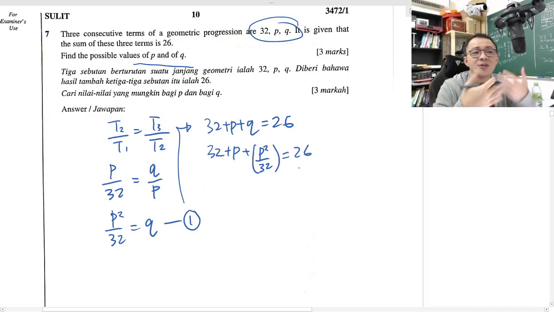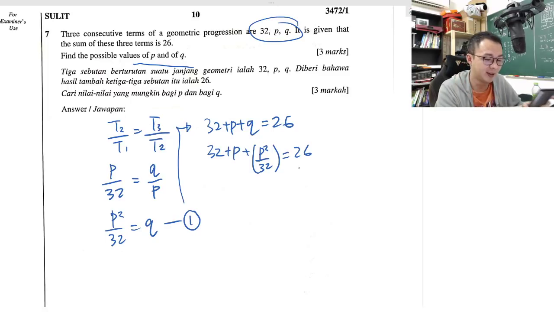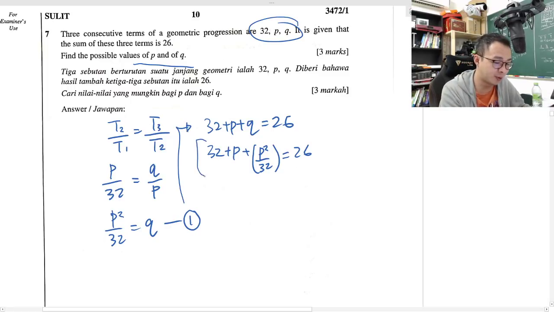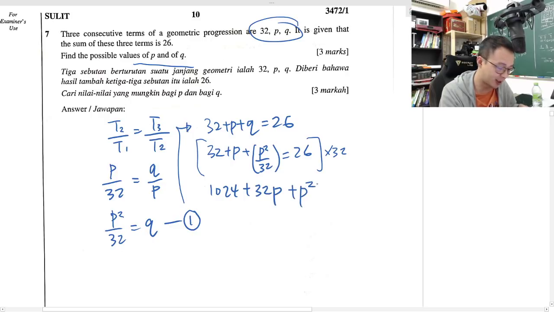I just need to solve this equation to get P. I will multiply the whole equation by 32. So 32 times 32 is 1024, plus 32P, plus P squared, equals 26 times 32, which is 832.